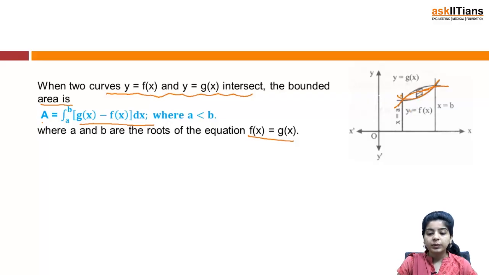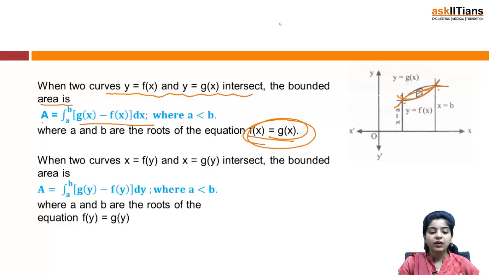Then this is a, this is b, a and b are roots of the equation fx equal to gx. Then the area would be again A equal to integral a to b of gx minus fx dx, where a is less than b. These concepts would be much clearer once we switch on to the examples, right?